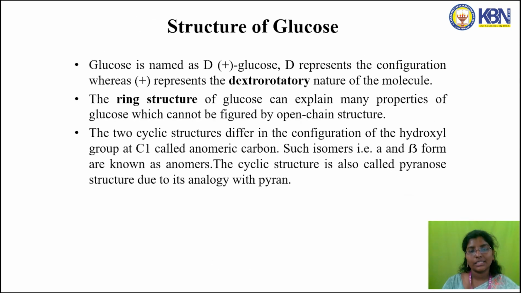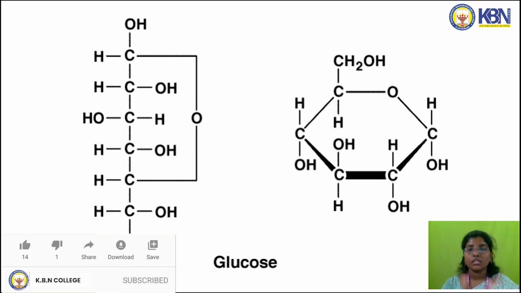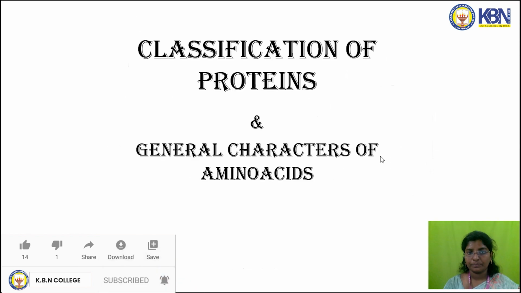The two cyclic structures differ in the configuration of the hydroxyl group at C1, the anomeric carbon. Such isomers, that is alpha and beta forms, are known as anomers. The cyclic structure is also called the pyranose structure due to its analogy to pyran. This is the structure of glucose. This is the open chain structure and this is the cyclic structure.